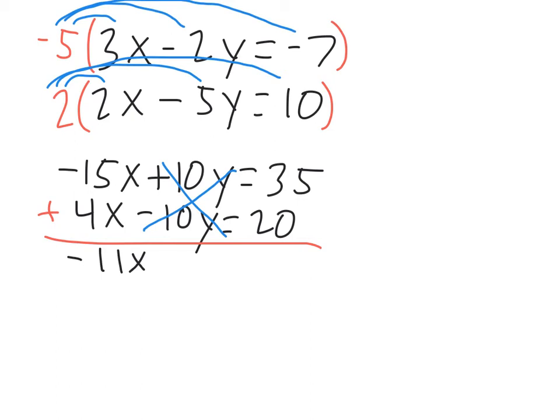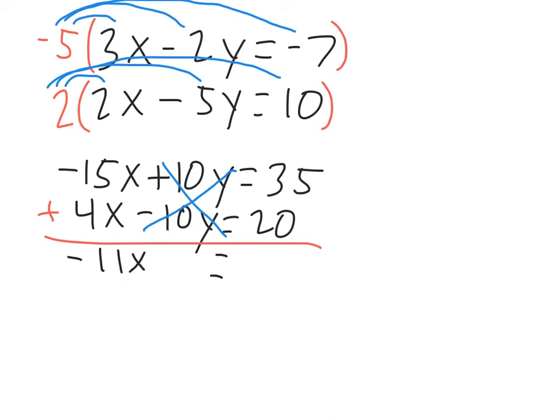And that should always happen with elimination. If you do a problem and one of the variables doesn't eliminate, then you did something wrong, and you should go back and see what you did wrong. Because every time, these two should eliminate each other, or if you chose the x's, the x's would eliminate. You should end up with just one variable after you add them.